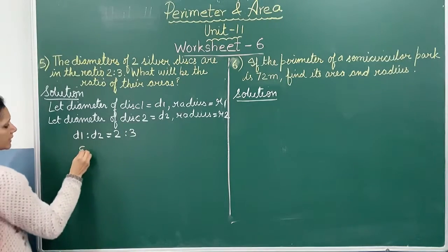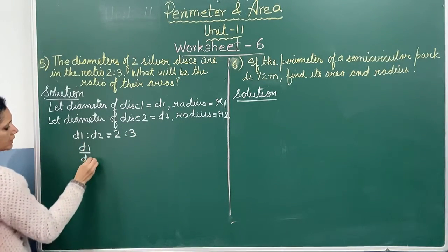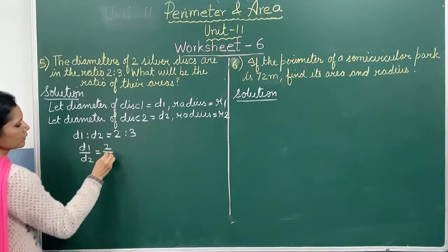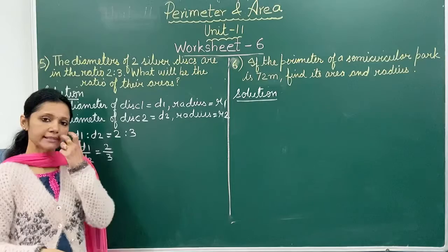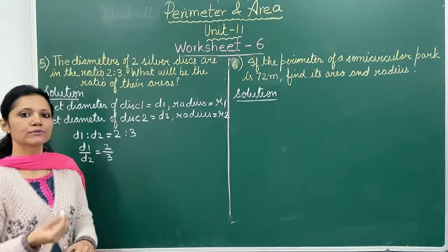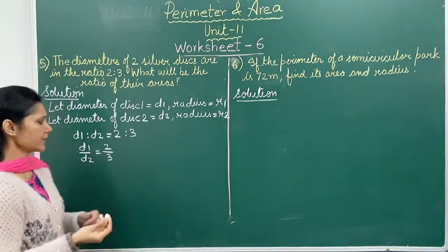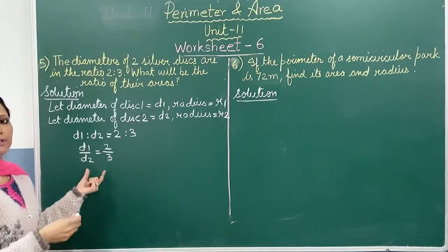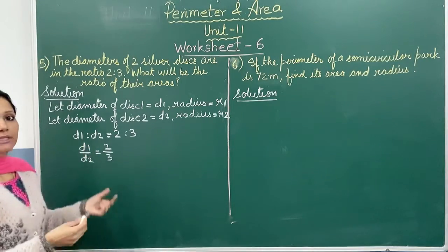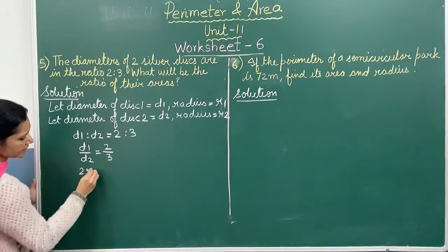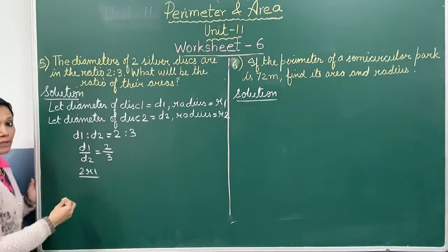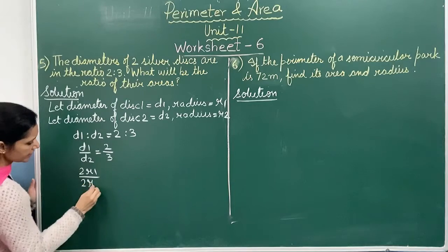Now this can be written as d1 upon d2 is equal to 2/3. Now we have to find the ratio of the areas. As I already told you, in order to find the area, we need the radius. So let's write the diameter in terms of radius. Diameter is twice the radius. So d1 can be written as twice radius 1 and d2 can be written as twice radius 2.